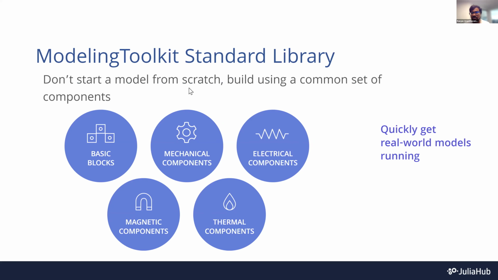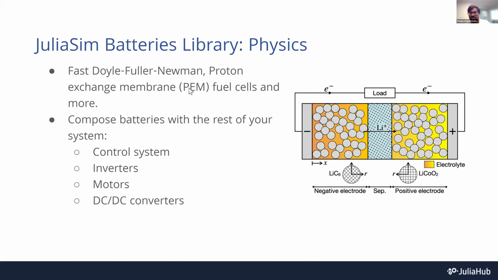Our ModelingToolkit standard library, which is also open source, consists of a number of standard components, mechanical components, thermal components. That'll really help you get started very quickly. But the other very specialized components that we're building out are our battery models and our HVAC models.